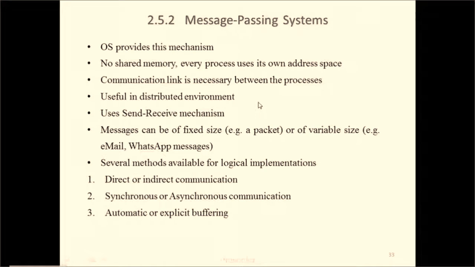This is useful in distributed environment where sender and receiver or senders and receivers are placed at geographically different locations. That is the distributed environment. So this is really useful there. This uses send-receive mechanism.